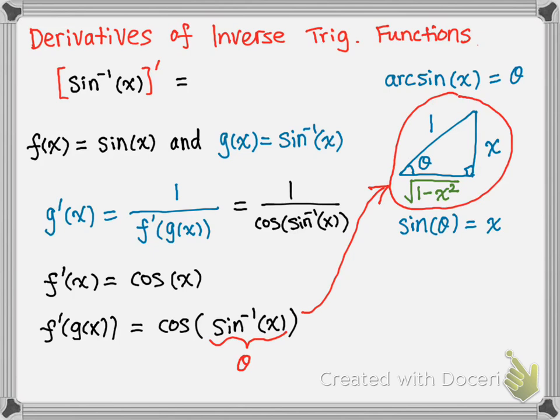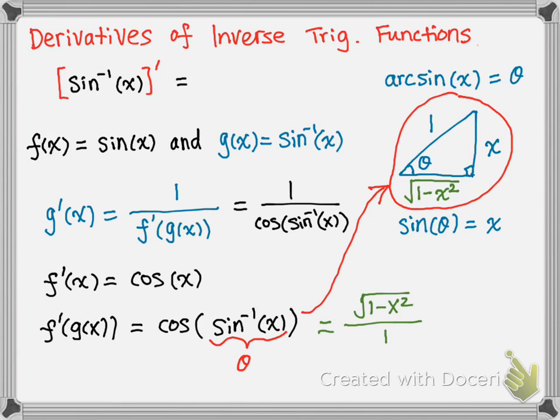According to the triangle, the cosine is just adjacent over hypotenuse. Okay, so what is the adjacent? It is square root of 1 minus x squared, divided by the hypotenuse, in this case 1. So what it's telling you is this cosine of sine inverse of x is really just square root of 1 minus x squared.